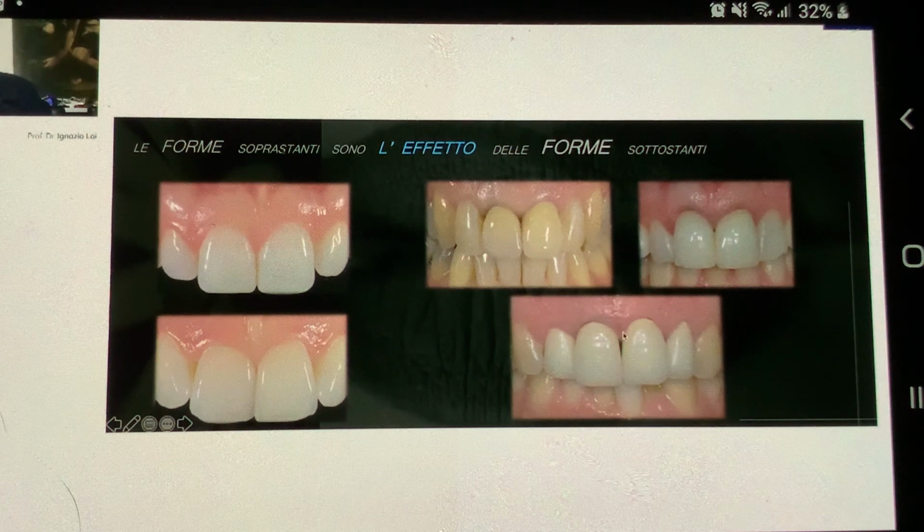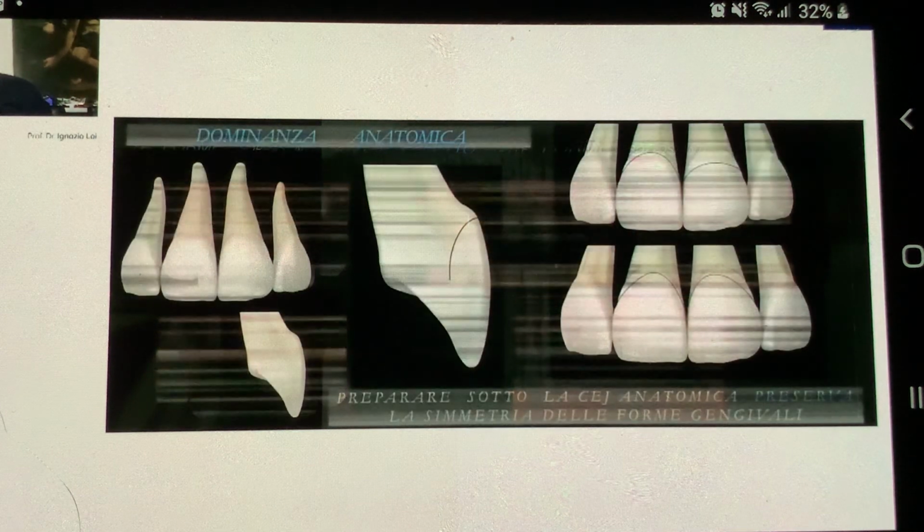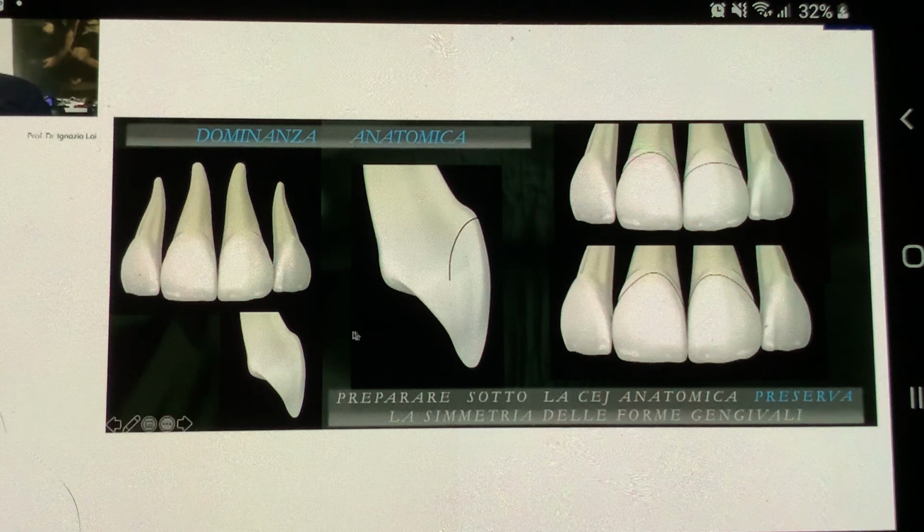And in these cases the papillae, and also the diameters of these papillae and the heights, change based on the new prosthetic dominance created by the crowns, which shape the tissues. So if we see the anatomical dominance, we can understand from these images what it is.